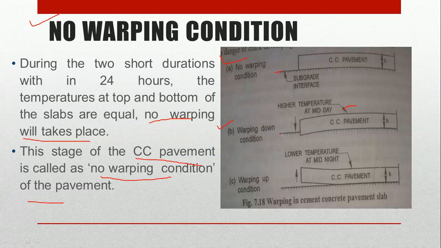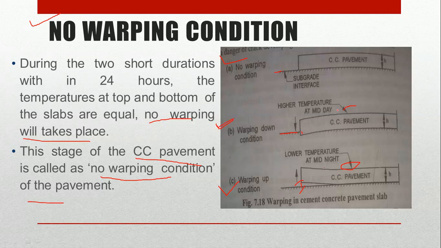So there is a variation of the subgrade as well as the pavement layer here, and lower temperature at the midnight. Here there is warping, we can observe a twisting of the pavement surface because of the variation in the temperature. So, warping up condition, warping down condition.